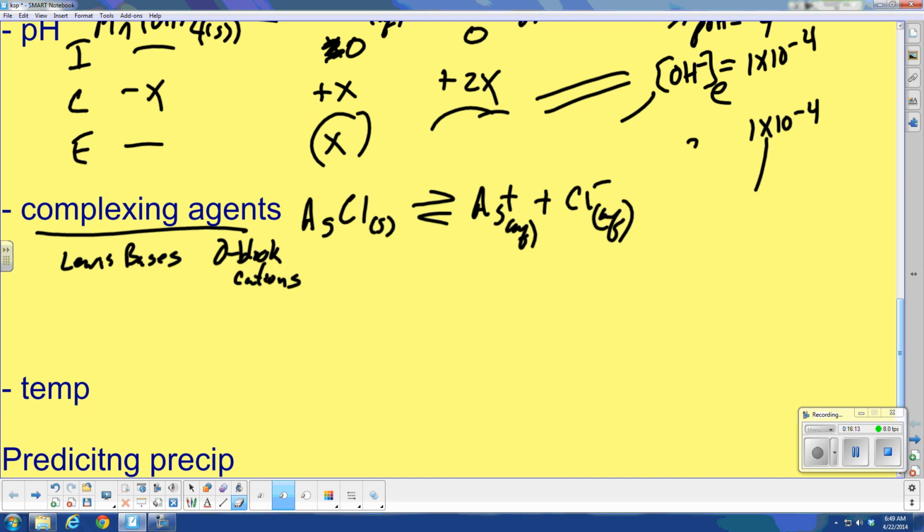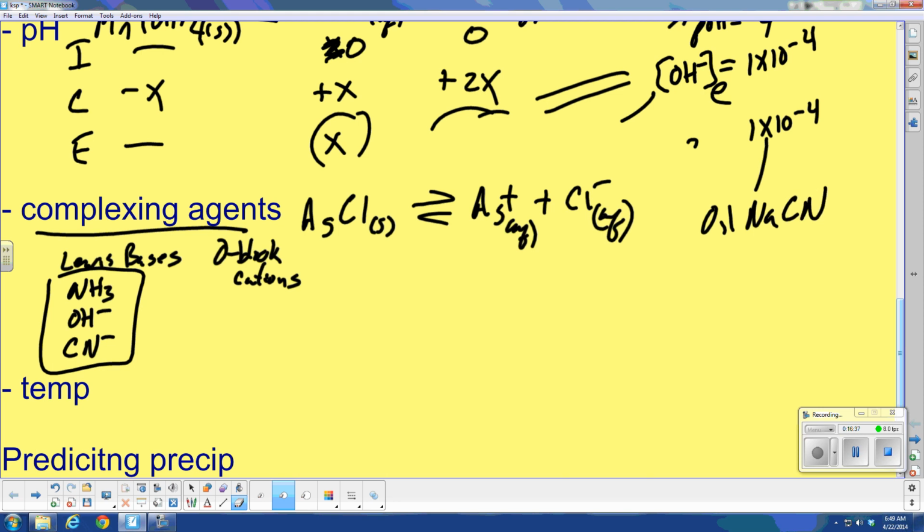Got it? And what are my typical Lewis bases? Things like ammonia, hydroxide, cyanide, thiocyanate. When you see those, keep your ears open for those because you may have a complex issue. So let's say we have my silver chloride in 1.0 molar sodium cyanide instead of in water.